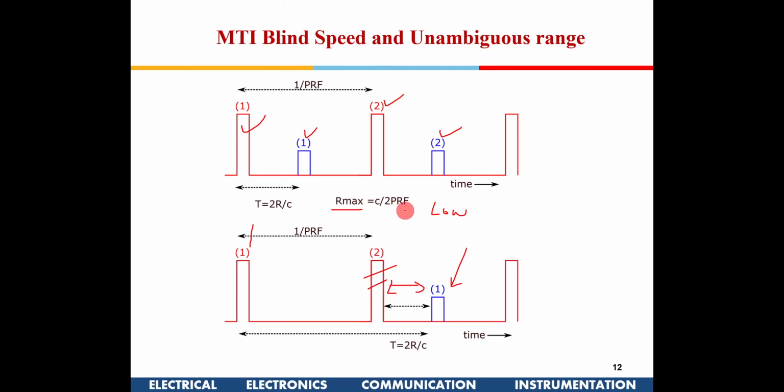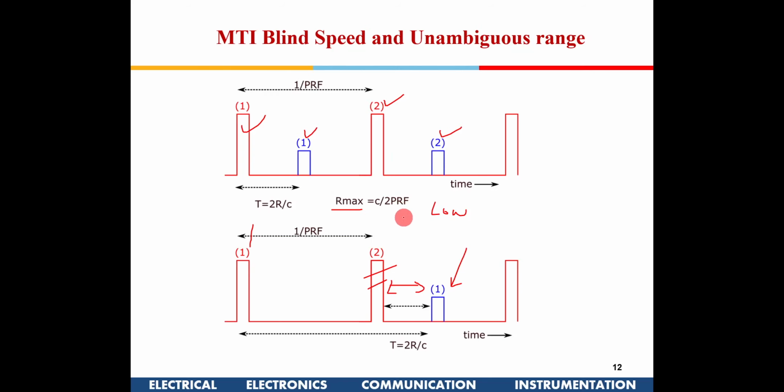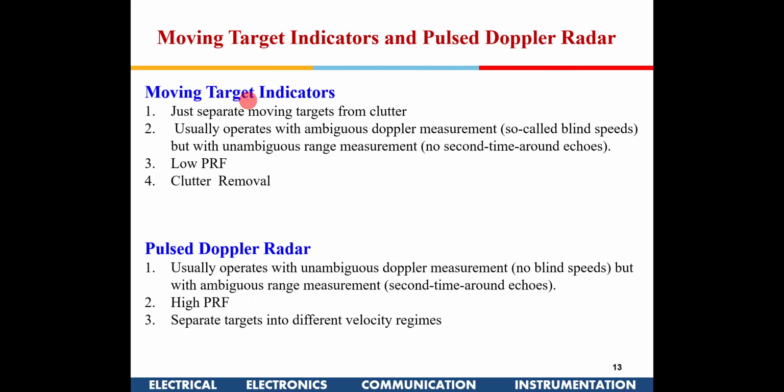Now here I am saying for blind speeds I should have a high PRF, and for range I should have a low PRF. So there is a trade-off. That is where the only difference between MTI and pulse Doppler comes in, right?